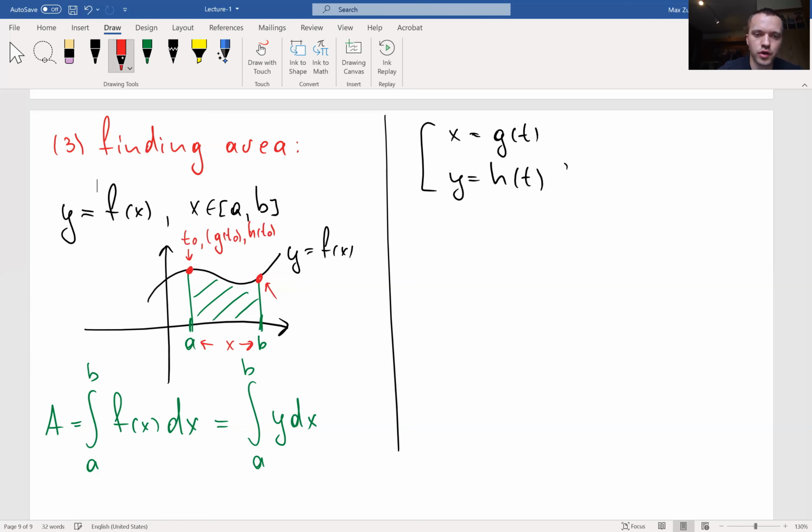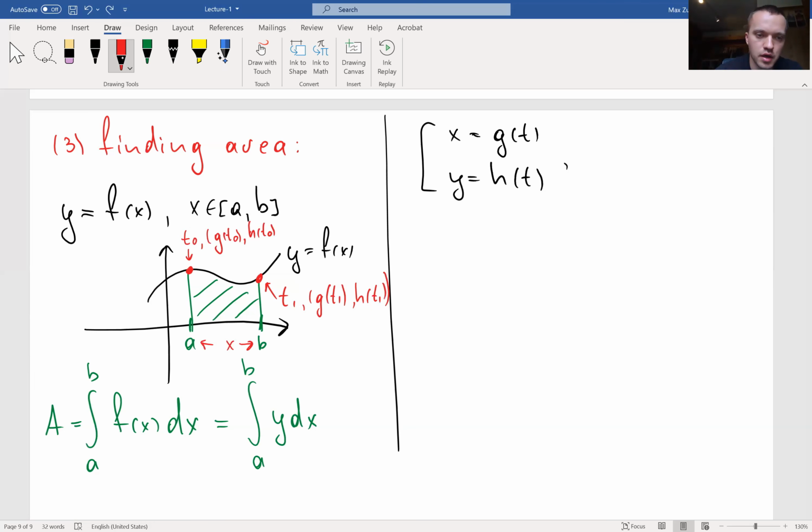And for this, we're going to have some t1, such that that point is going to be g of t1 and h of t1. So in other words, every Cartesian point on the graph in Cartesian coordinates corresponds to a single value of t. If you plug in the t, you're going to find your x component and your y component.